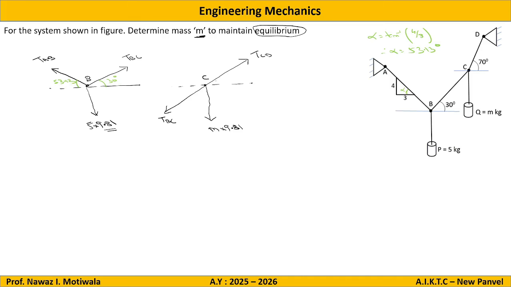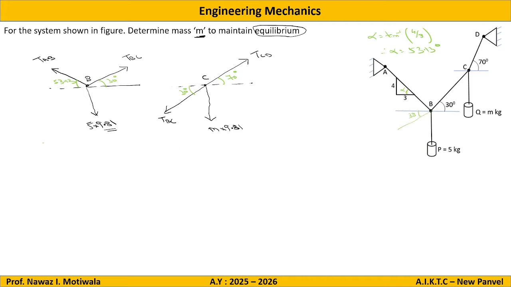Now for this case, this angle is already given to us as 70 degrees. And this TBC, as this angle is 30, this angle will also be 30 degrees, vertically opposite angles. So this is also 30 degrees. Now we can apply Lami's theorem on both the sides.